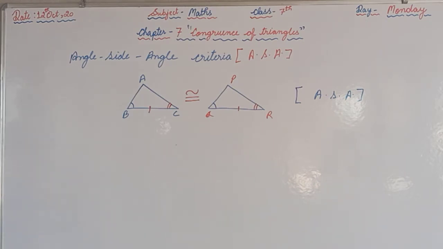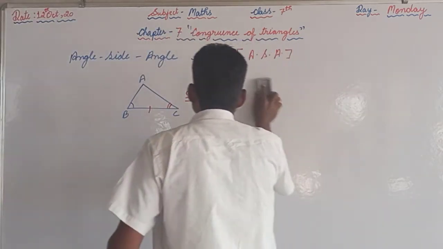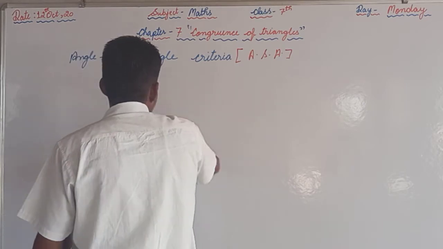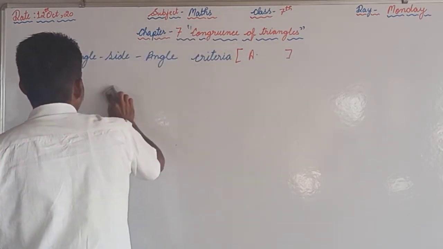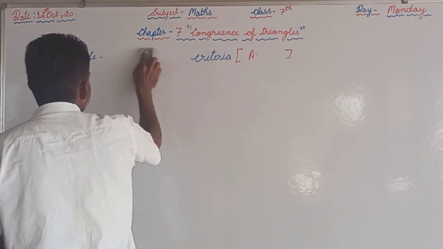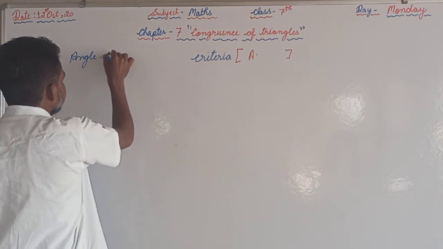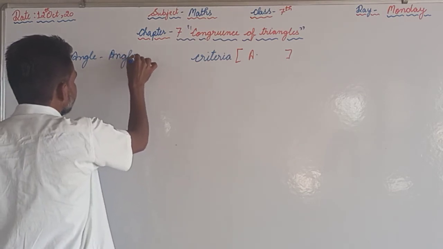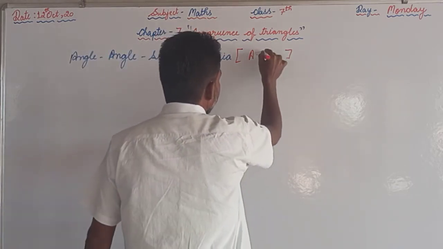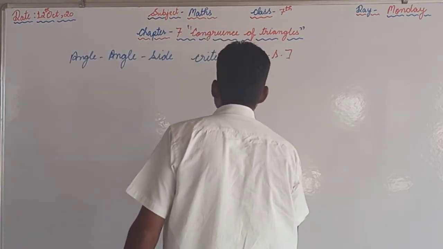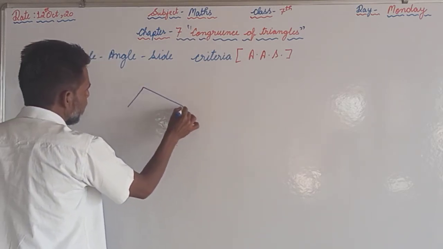After that, the fourth one. That is angle, angle, side criteria. In such type of criteria, we will again compare two triangles.